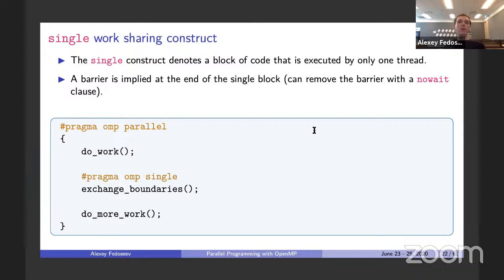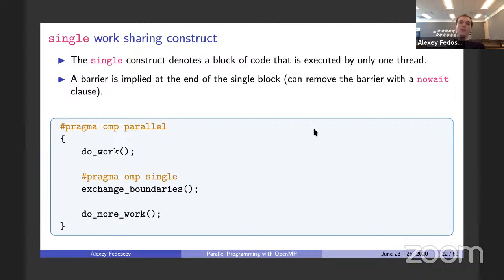Then you have pragma OMP single, meaning whatever thread gets here first runs the command exchange boundaries. The rest skip exchange boundaries and they wait for this particular thread to finish exchanging boundaries, and then they proceed together.